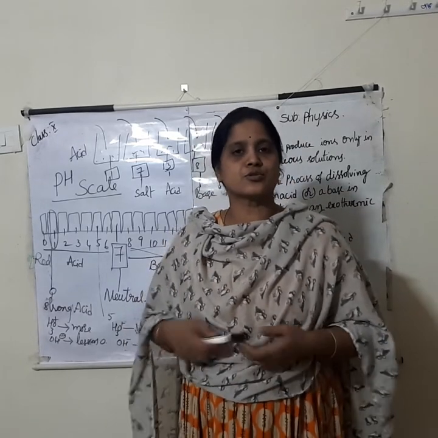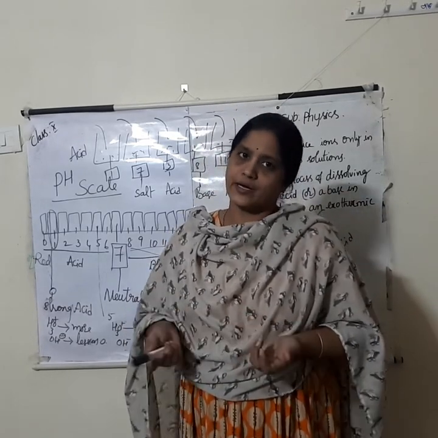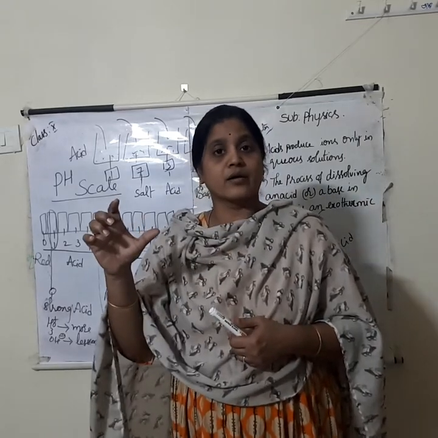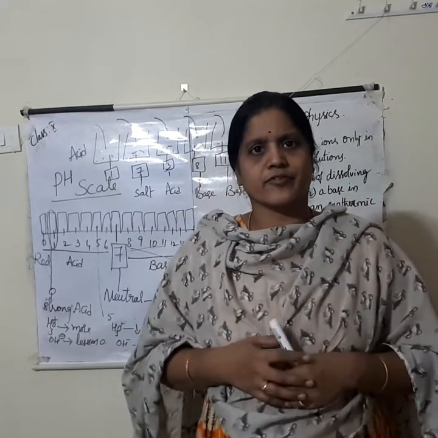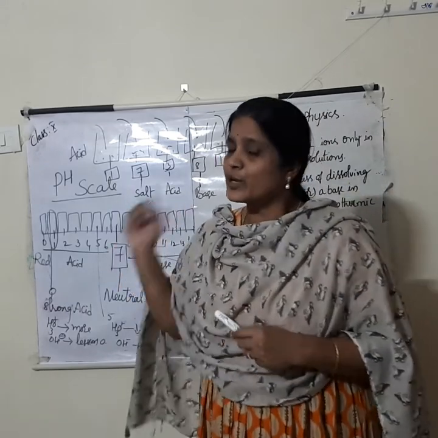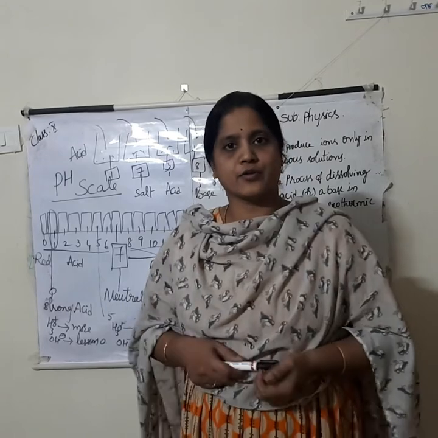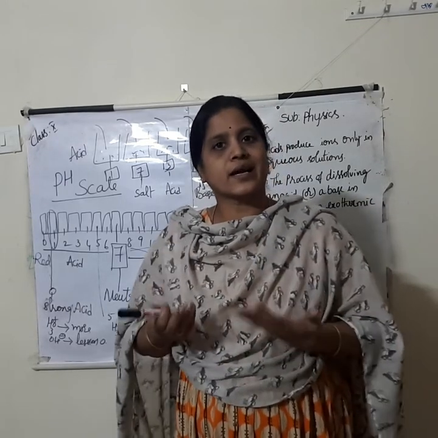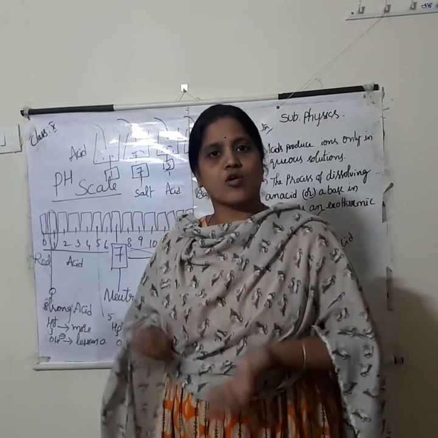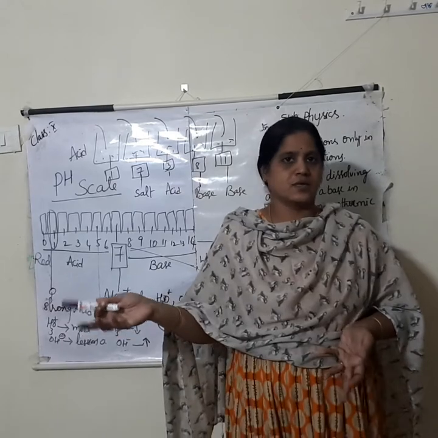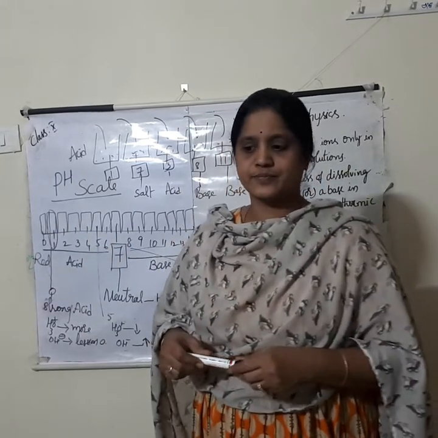Juices like lemon juice, tomato juice, carrot juice, banana juice, and saliva, rainwater: you collect the different solutions and, using the universal indicator, you find out. You will get the information whether they contain strong acids, weak acids, or strong or weak bases.